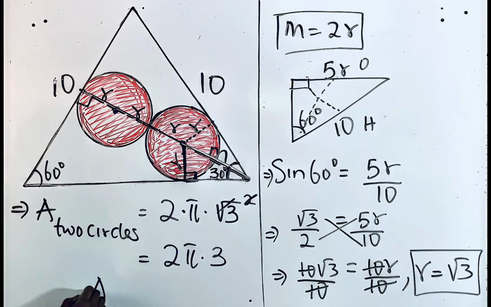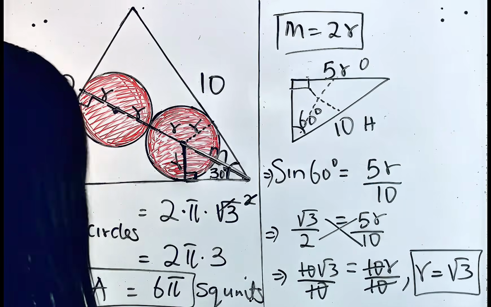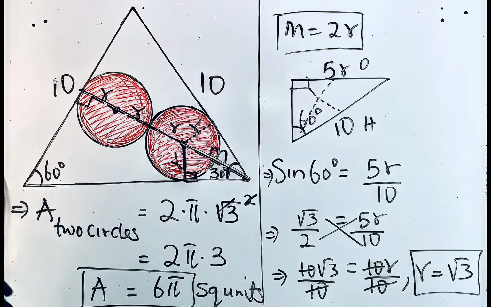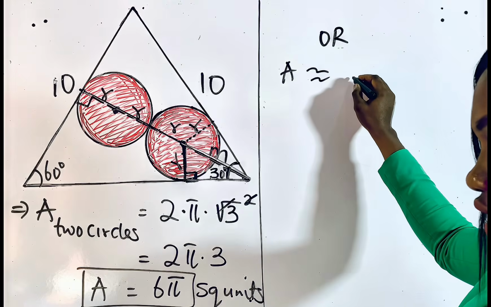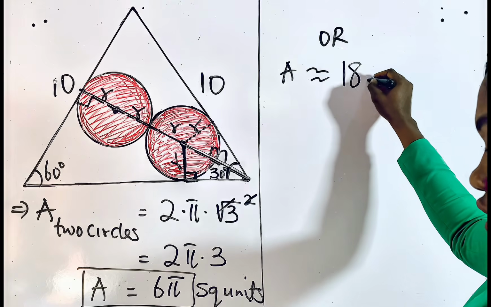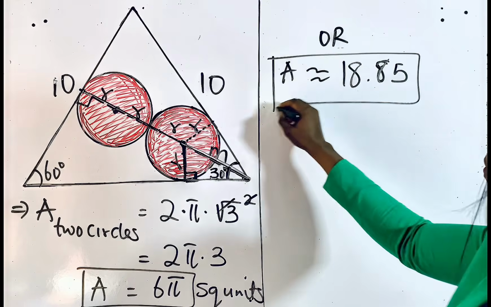So the area of the two circles will be, this times this will give us 6 pi square units. This is left in terms of pi. You can also leave it in decimal. Just key this in the calculator. And this gives us area is approximately 18.85 square units.